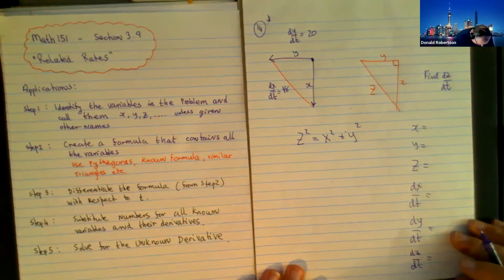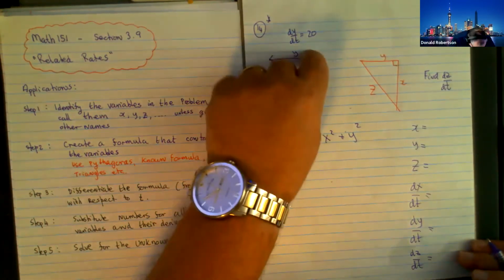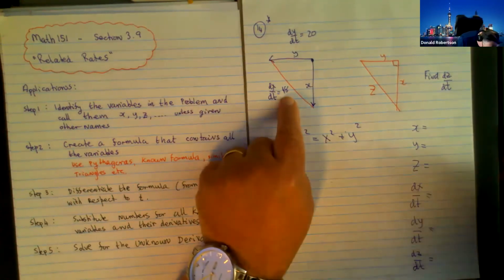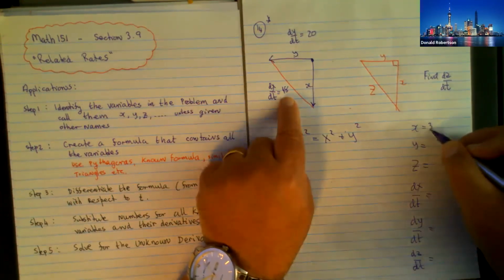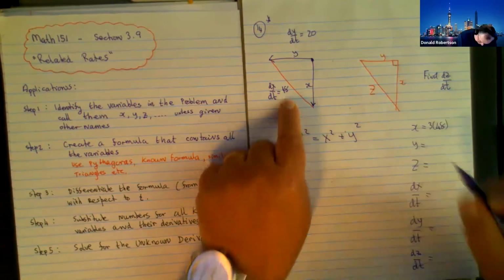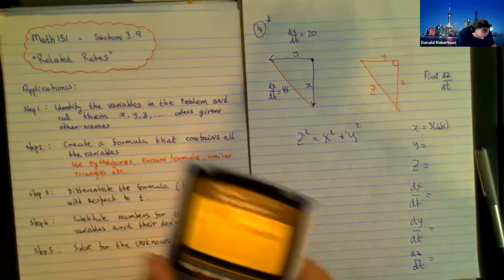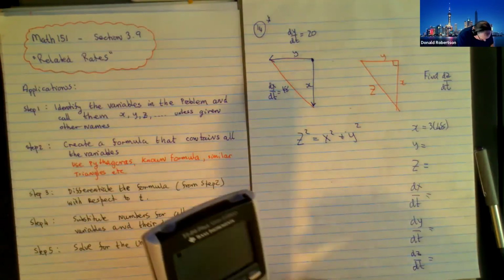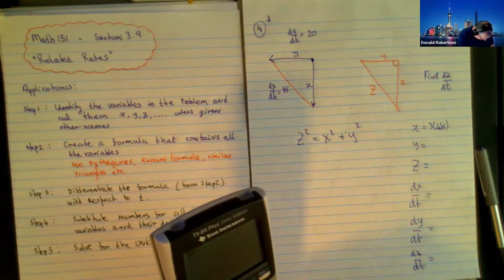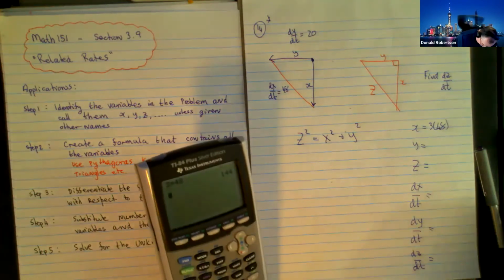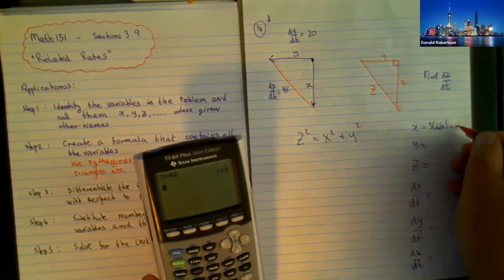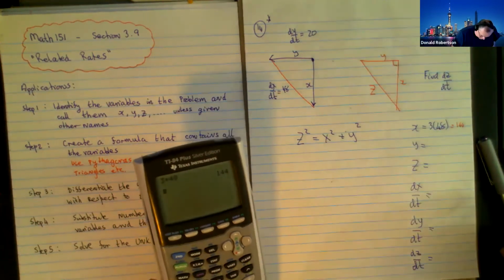Now, at the 3 hour mark, since this is X and this is going at 48, this will be 3 times 48. So after 3 hours traveling at 48 miles an hour, you would have done 144. So that's what X is.